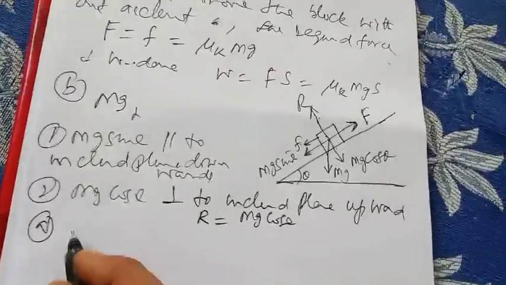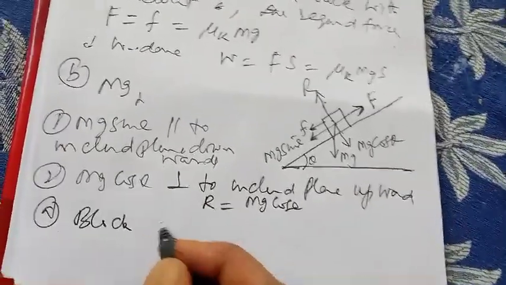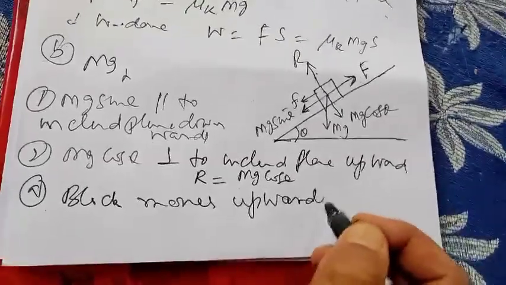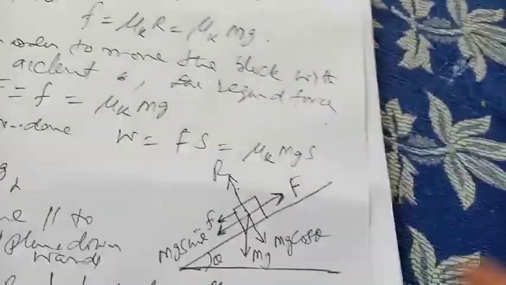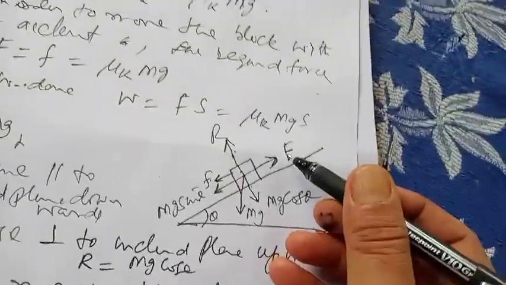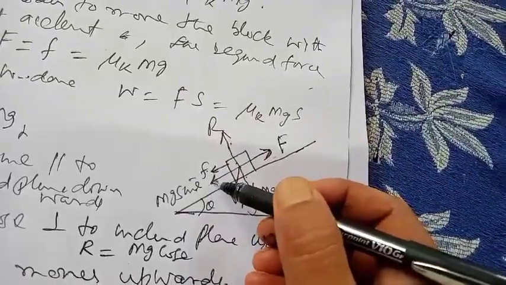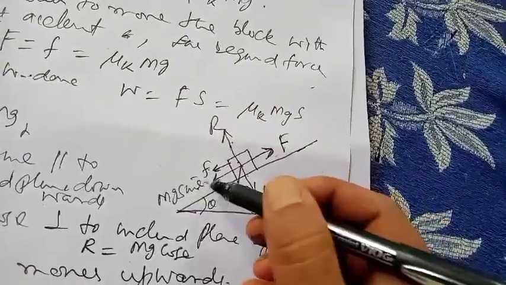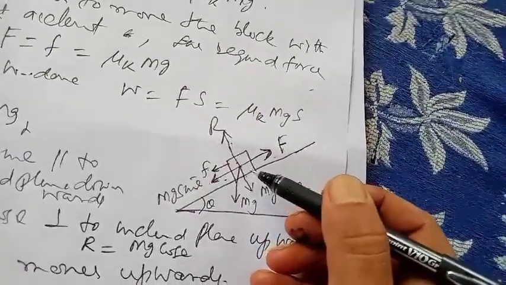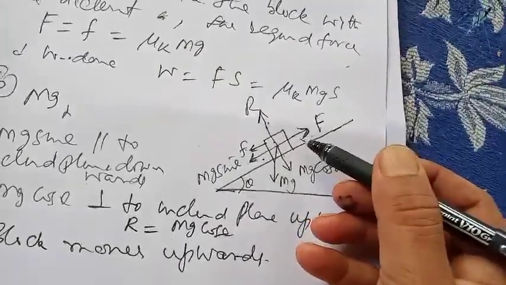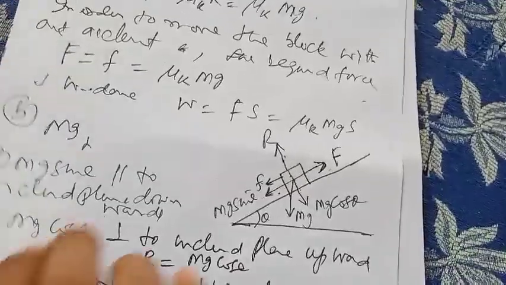When the block moves upwards, the required force should just be equal to the force of friction plus this component of weight mg sin theta, so that this block moves without acceleration up the inclined plane.